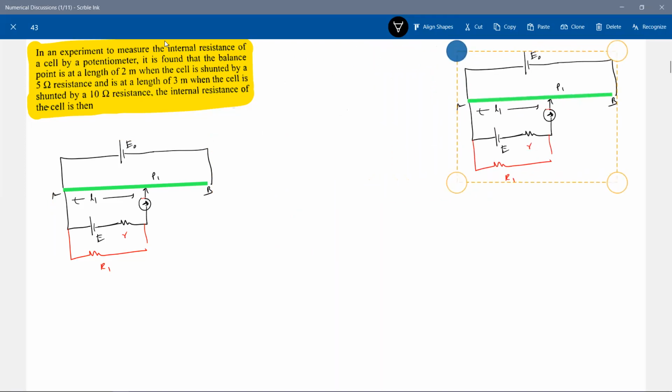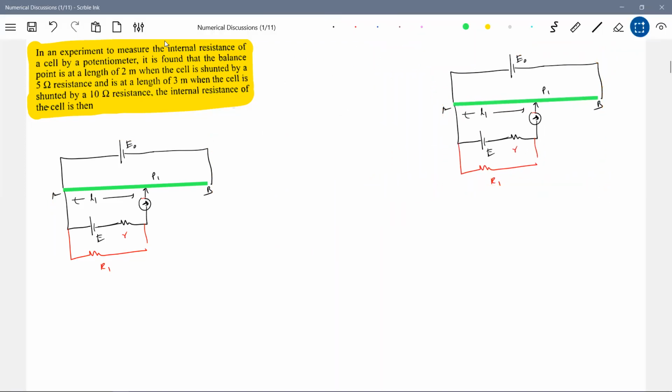What has to be done? There's the second part of the circuit where, when the resistance is R2, the balancing length will be L2 and the other point will be P2. What about the flow of currents, we'll see. Here current I will flow, and the current through the galvanometer is 0. So the current will not branch. Very important, I'm just explaining the concept of potentiometer.